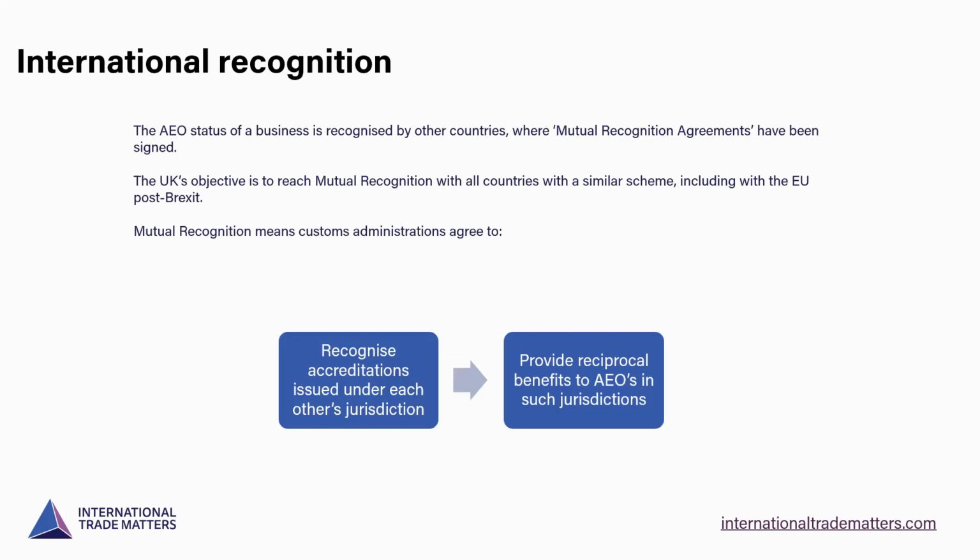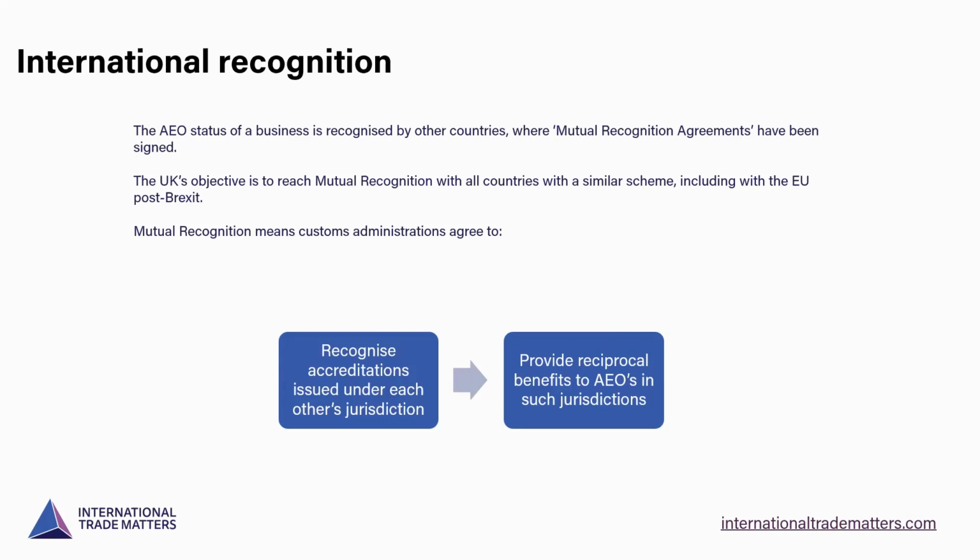So the AEO status of a business is recognized by other countries, as we've just discussed, under the mutually recognized agreement. Now, as you know, the UK at the moment is going forward and signing up lots and lots of free trade agreements. There are even trade agreements now with different states within the United States of America, which makes international trade even more exciting.